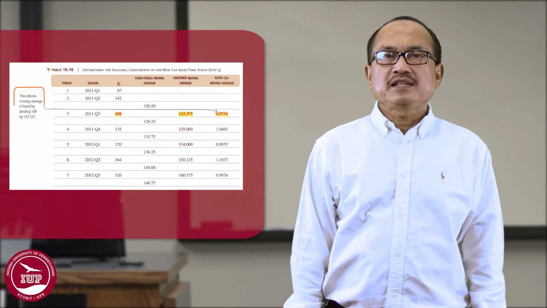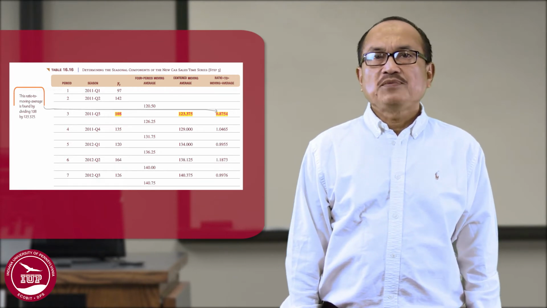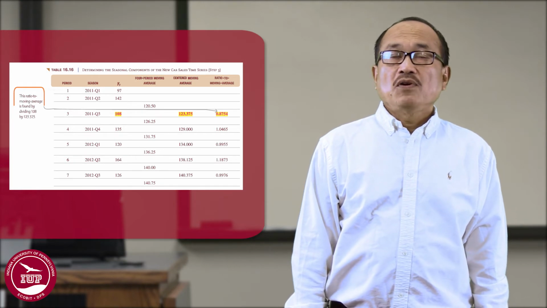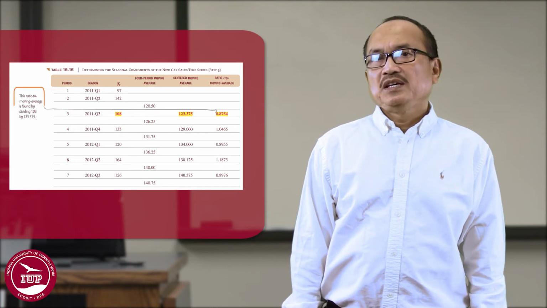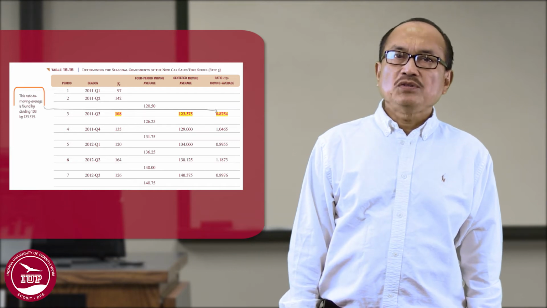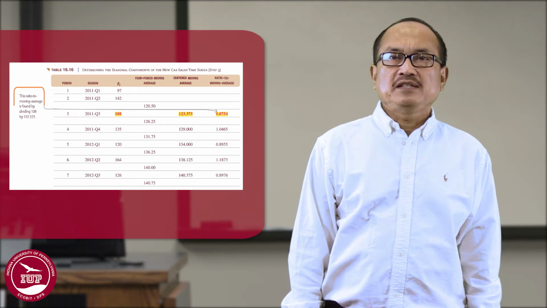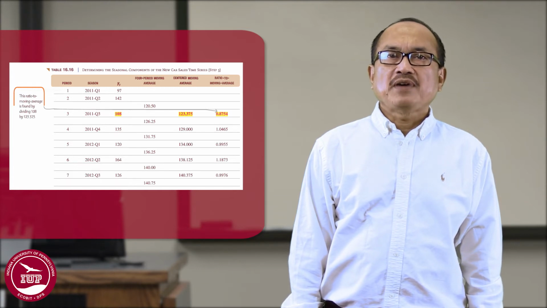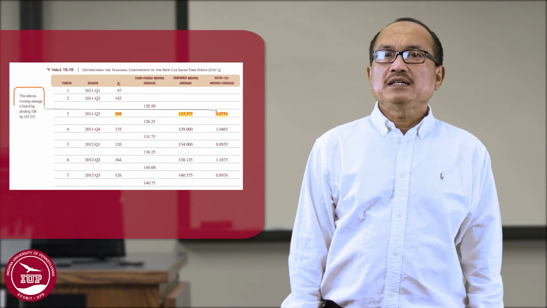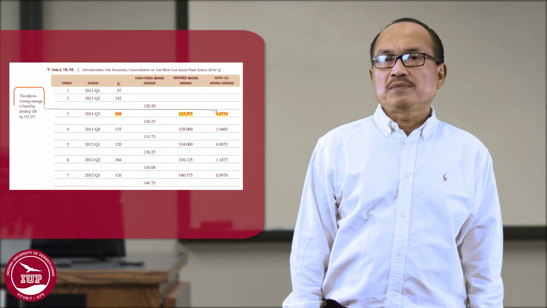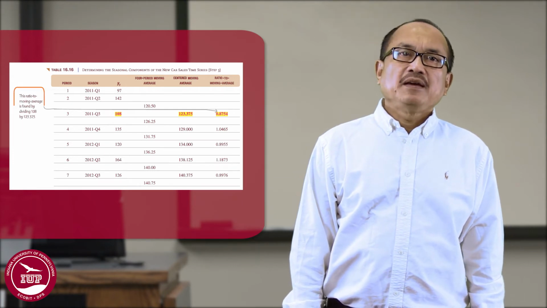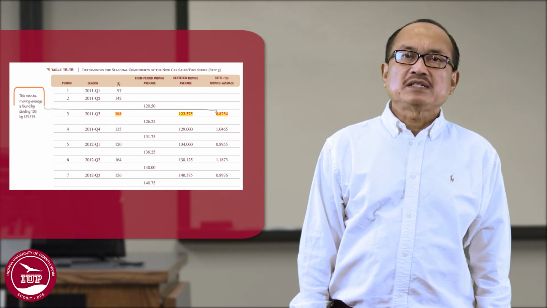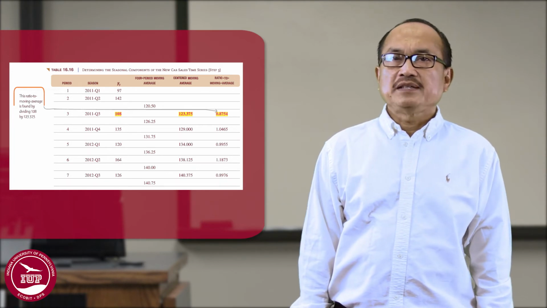Notice in table 16.16 that we have two ratio to moving averages for each season. For example, the two ratio to moving averages for the first quarter are 0.8955, which occurs in 2012 or period 5, and 0.8825, which occurs in 2013 or period 9.